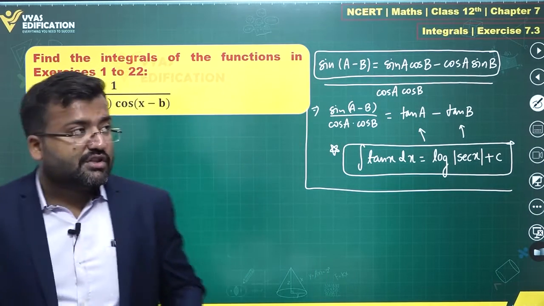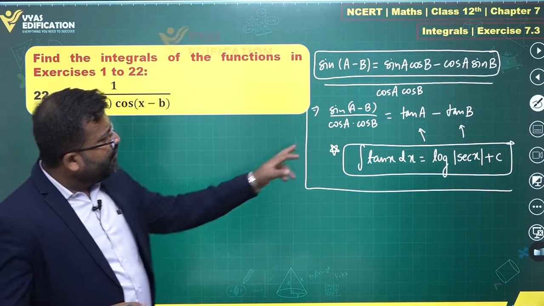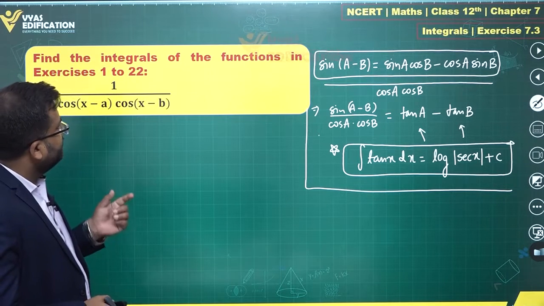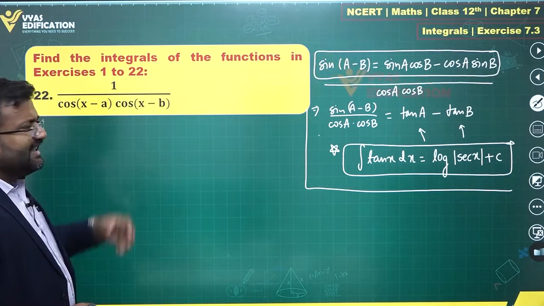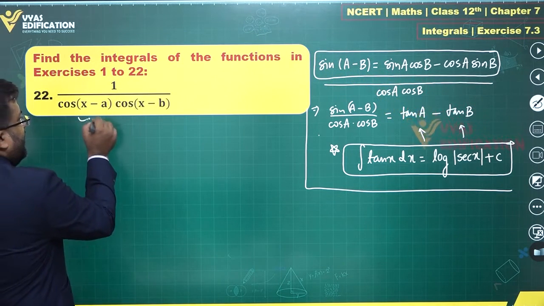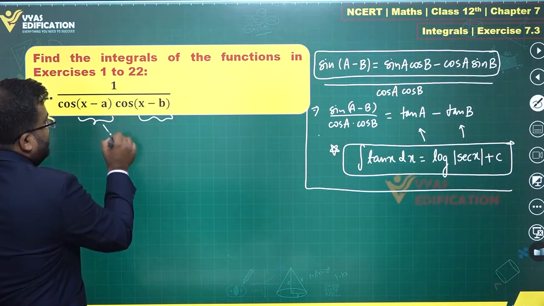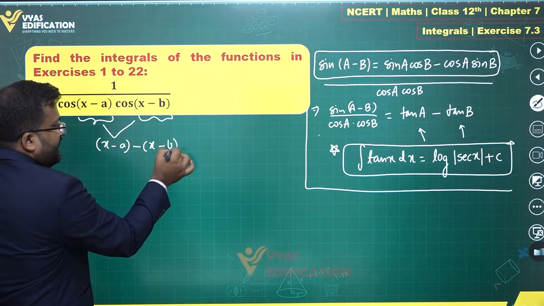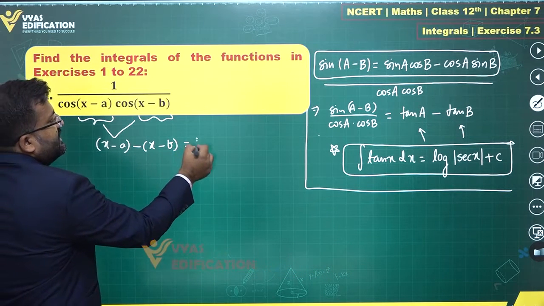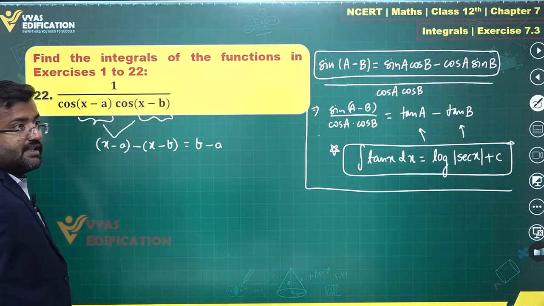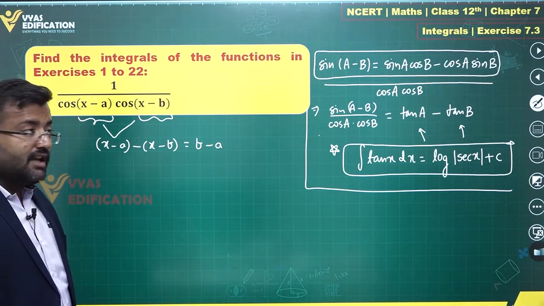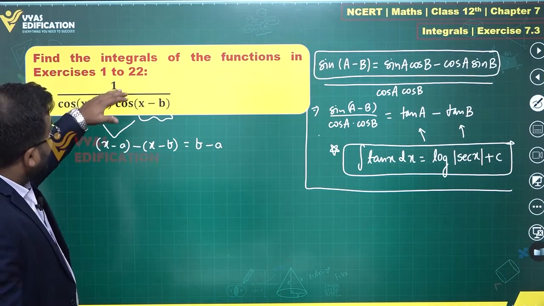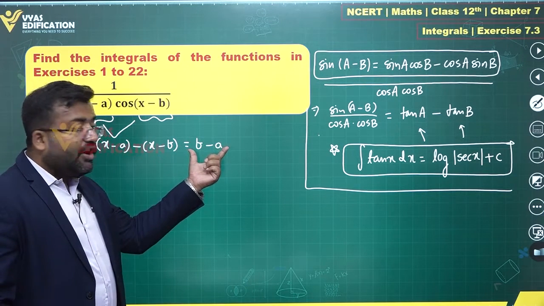But the first and foremost important step is what I've shown you over here. What is that? If you have these two angles of cosine in the denominator, observe that the difference of these two, x minus a minus of x minus b, the difference of these two angles is a constant, yes. So I can multiply and divide by the sine of this angle.